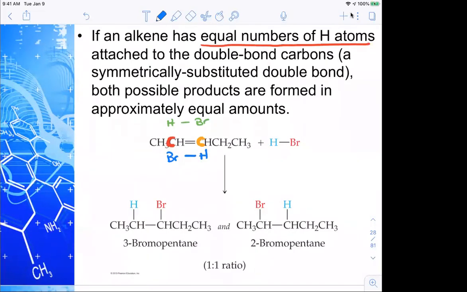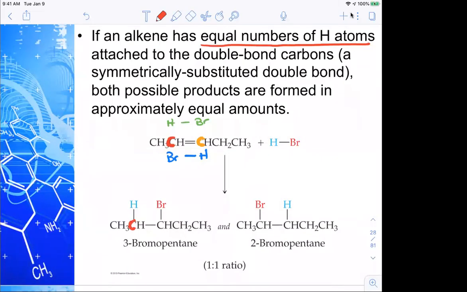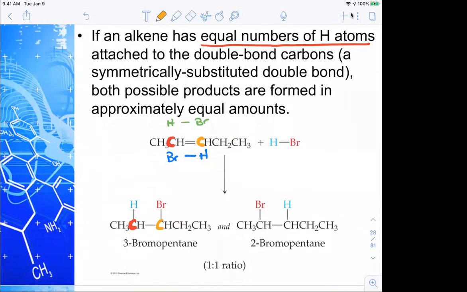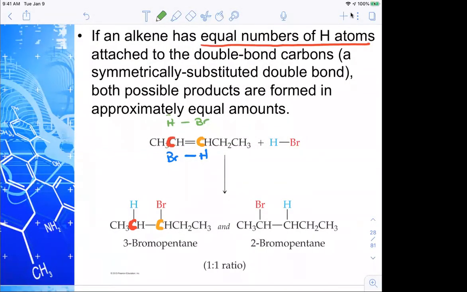So when it adds in the green way, this again is going to be my red carbon, and this is going to be my orange carbon. And when I form the bond in this direction, the hydrogen attaches to the red carbon and the bromine attaches to the orange carbon.